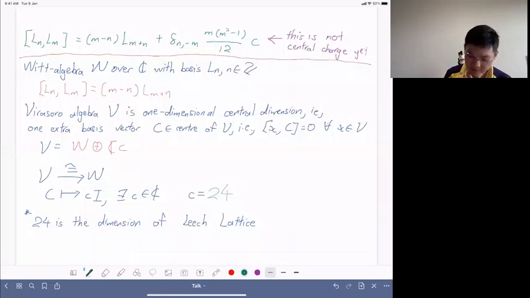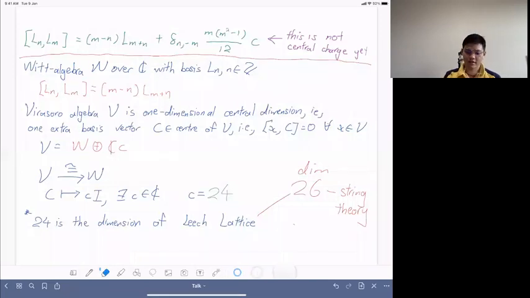And the Leech lattice is built in 26 dimensions. Okay, 26 dimension is even more interesting because that's the only dimension that string theory can be defined. Okay, so this is like the first example they come out with for string theory.